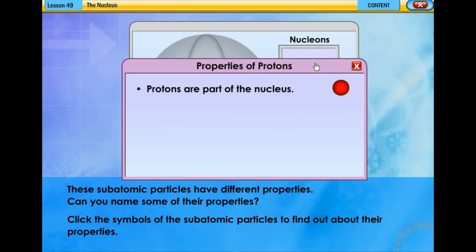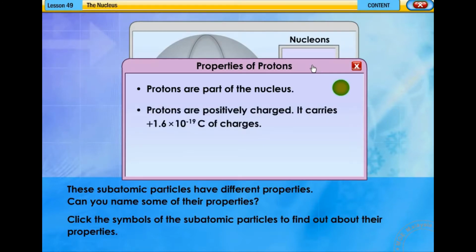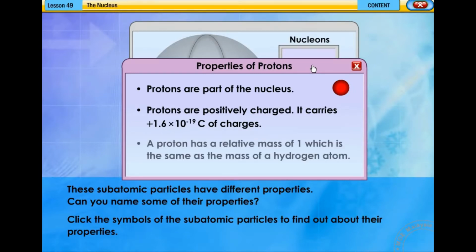Protons are part of the nucleus. Protons are positively charged. A proton carries positive 1.6 times 10 to the power of negative 19 coulombs of charge. A proton has a relative mass of 1, which is the same as the mass of a hydrogen atom.